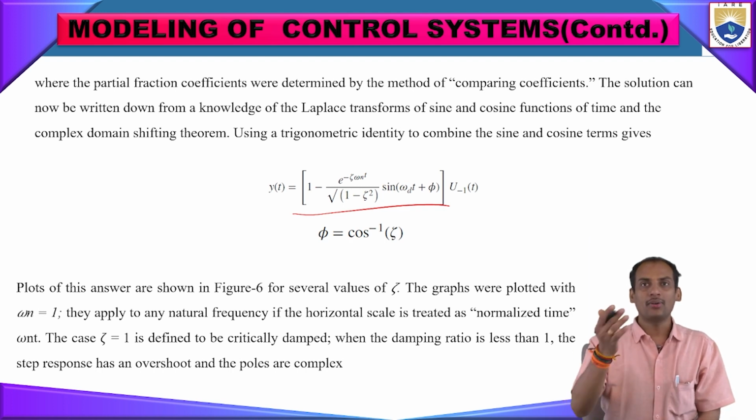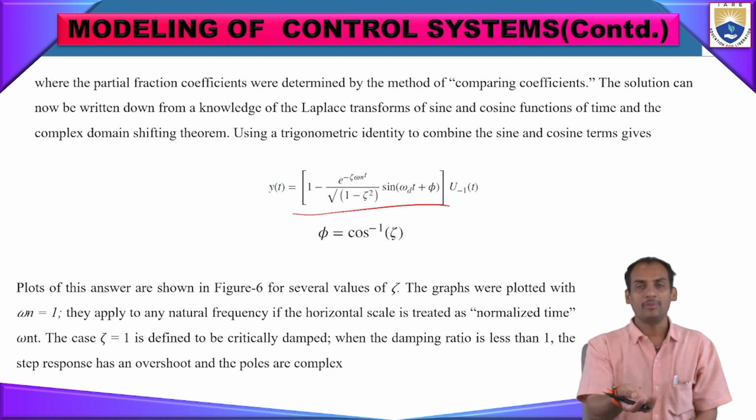Here phi can be written as cos inverse of zeta. Plots using this equation have been shown in the figure.